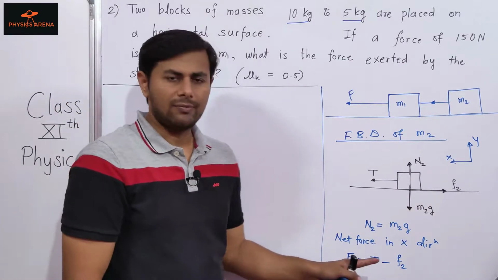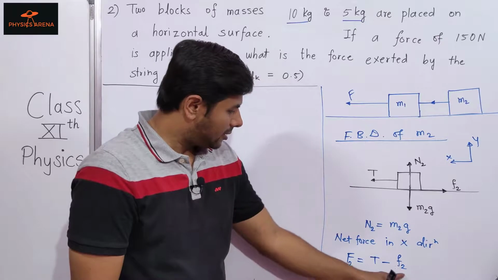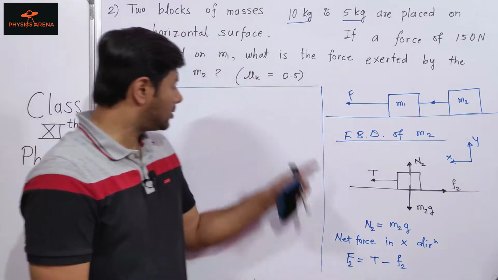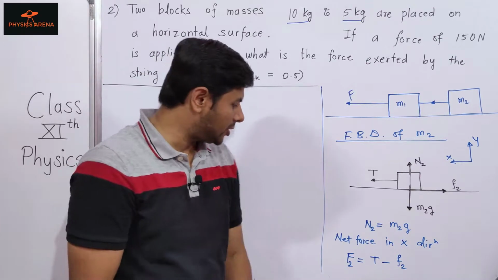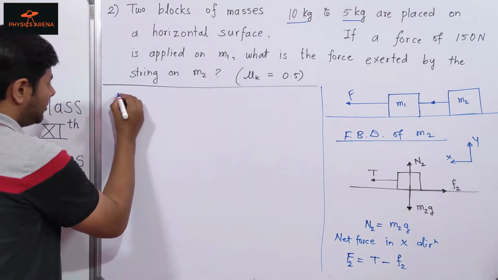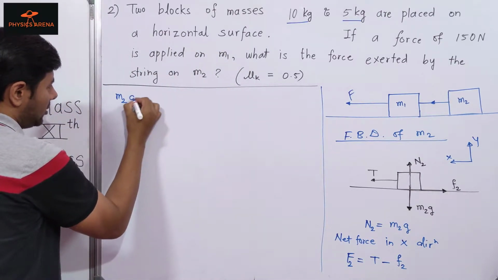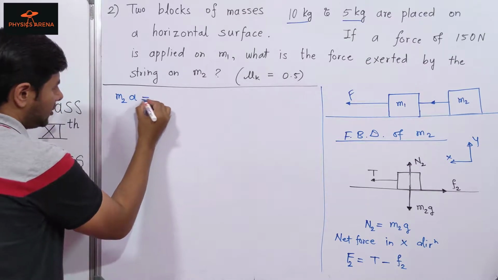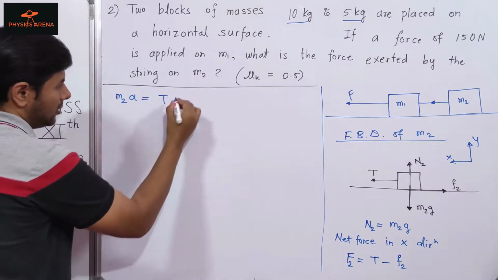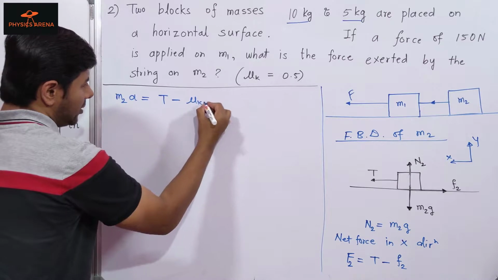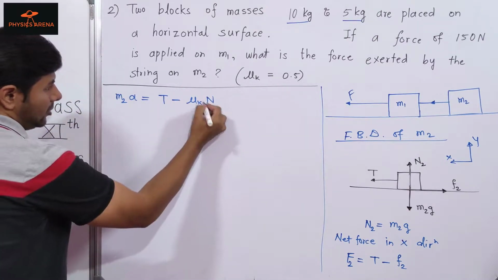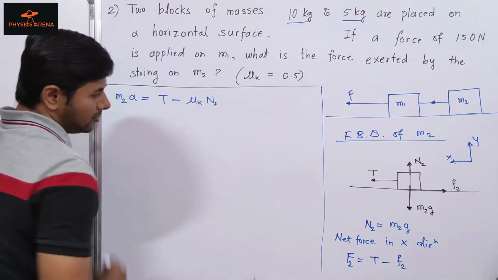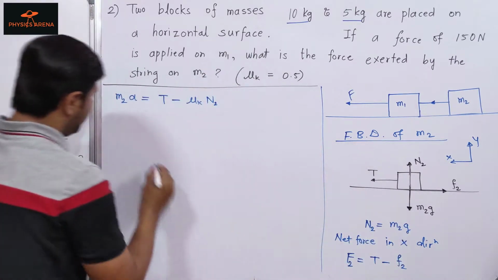Now force is mass times acceleration, and frictional force is the coefficient of kinetic friction multiplied by the normal reaction. We can substitute that. So we get m2 times A is equal to tension minus mu k multiplied by the normal reaction, and the normal reaction N2 is m2 times g.